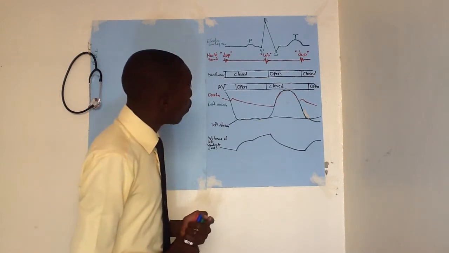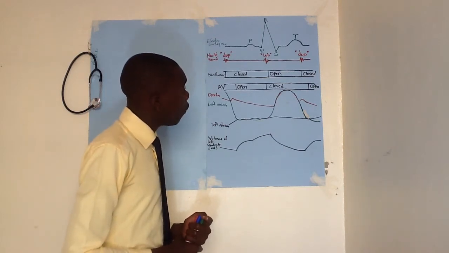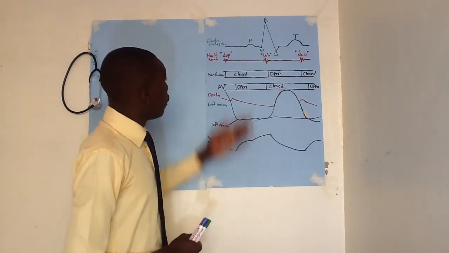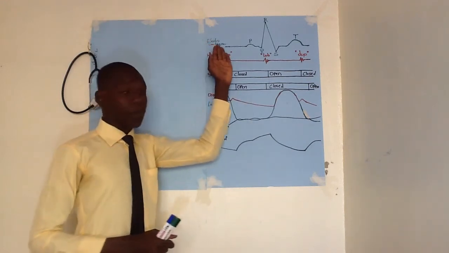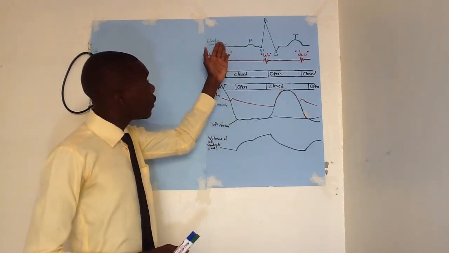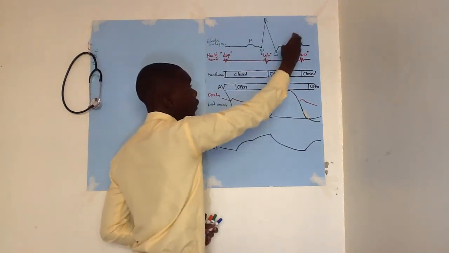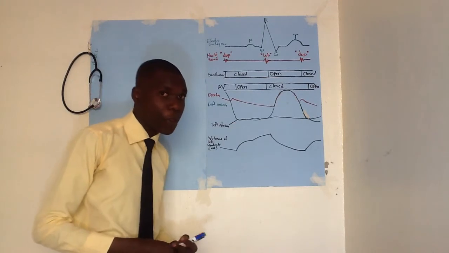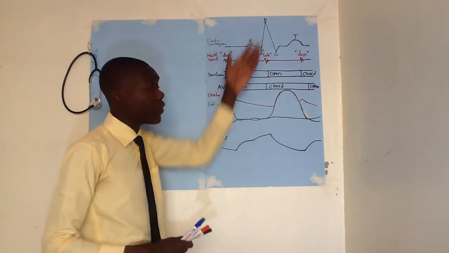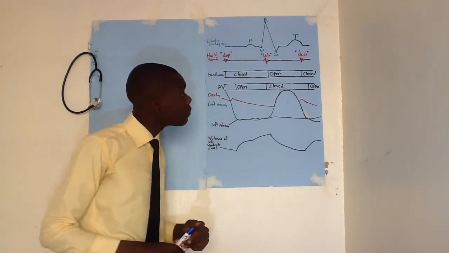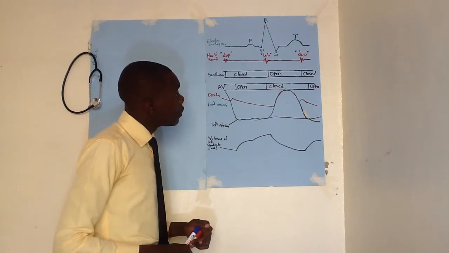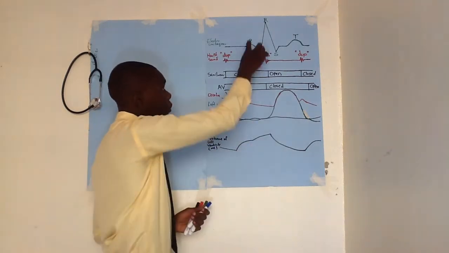But here we are going to be starting from our electrocardiogram. We have the P wave, Q, R, S, and T, and each of them represents something, as we shall see. So we are going to start from the P wave.